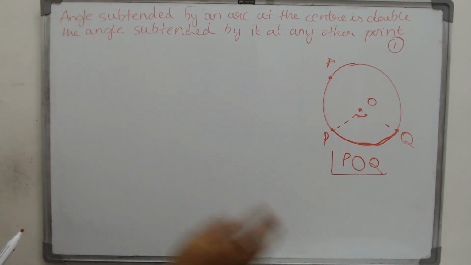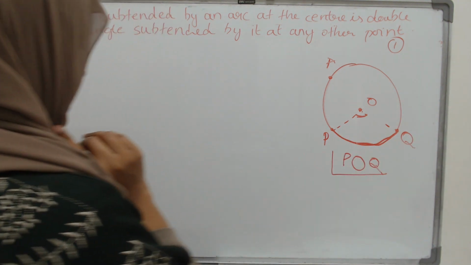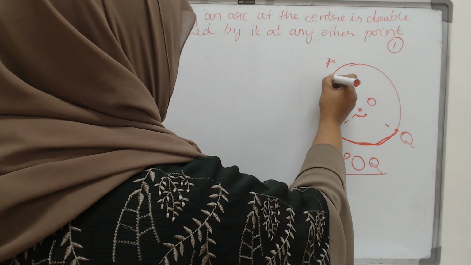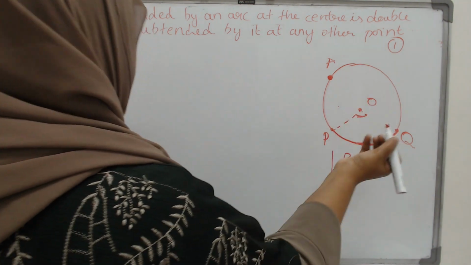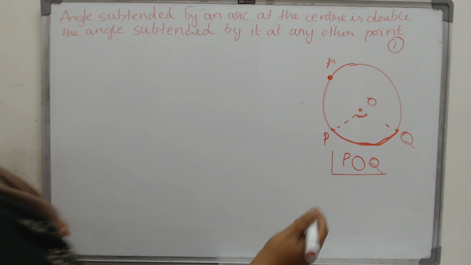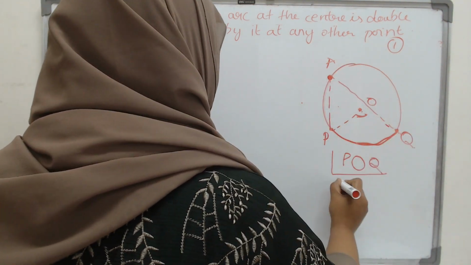Now consider another angle subtended by the same arc, but this time on any other point on the circumference. Remember, on the circumference, not inside the circle, not outside the circle, but on the circumference. Consider that angle also. How will that angle look like?